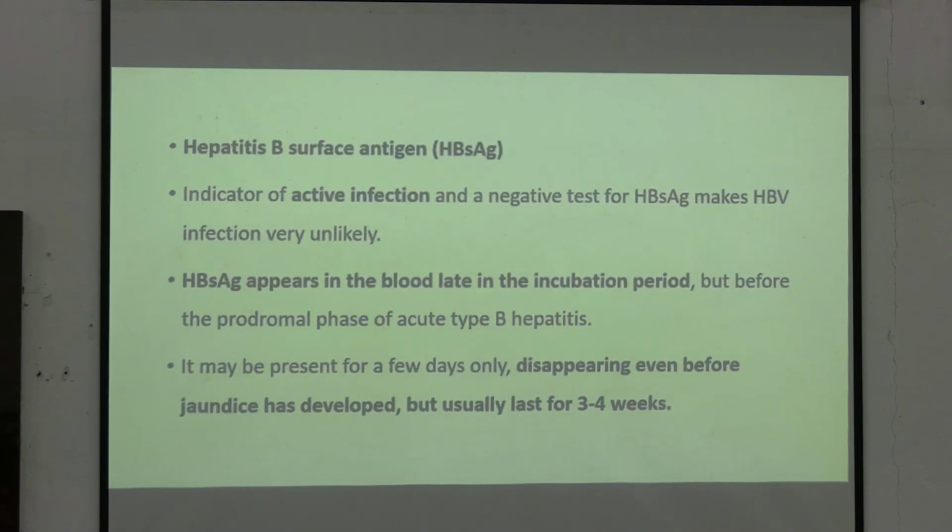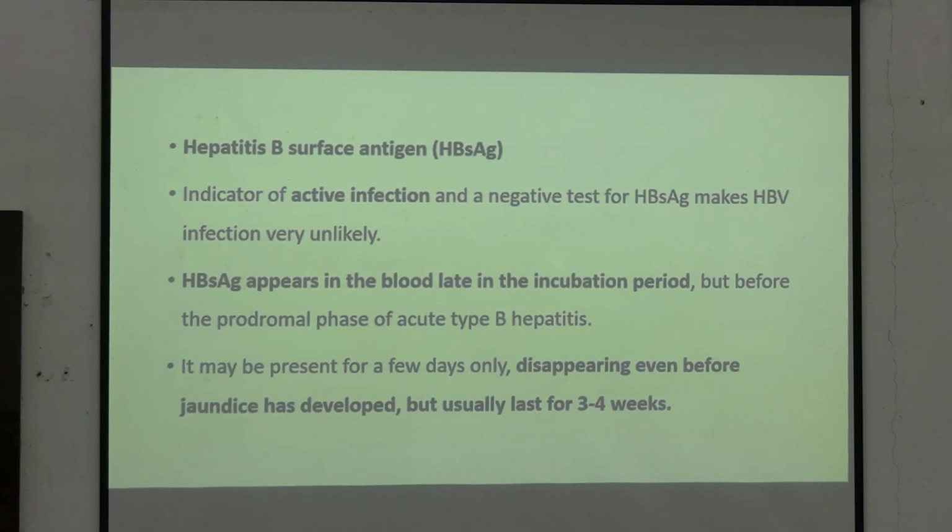The first one is hepatitis B surface antigen, or HBs antigen. It is an indicator of active infection, and a negative test for HBs antigen makes HBV infection very unlikely. HBs antigen appears in the blood late in the incubation period, but before the prodromal phase of acute type B hepatitis.